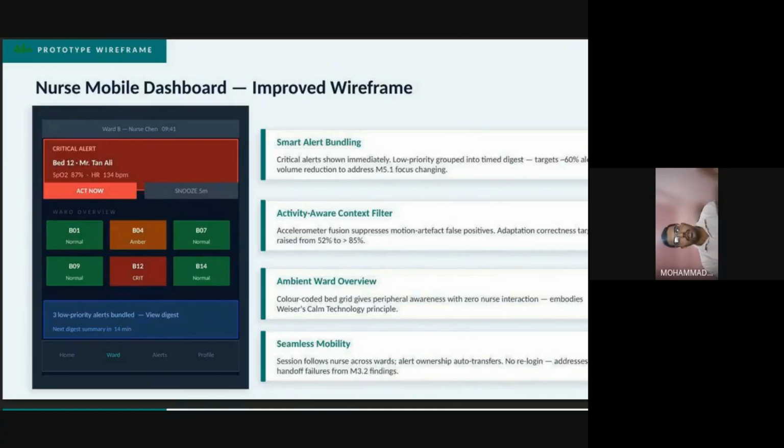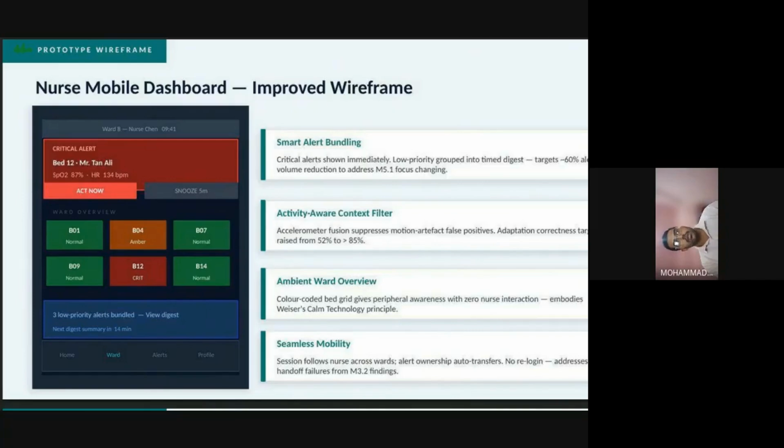This section shows critical alerts immediately, such as low oxygen or high heart rate. The nurse can quickly take action using the Act Now button or temporarily delay using the snooze button. The main idea of this section is fast decision and no delay in emergency situations.